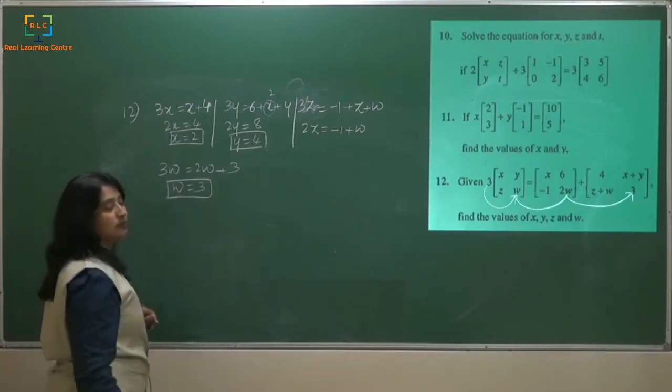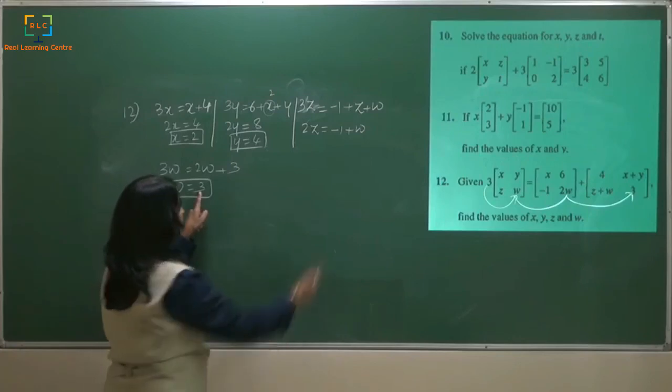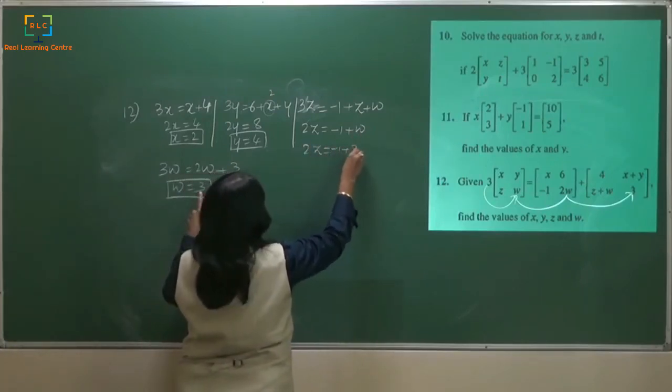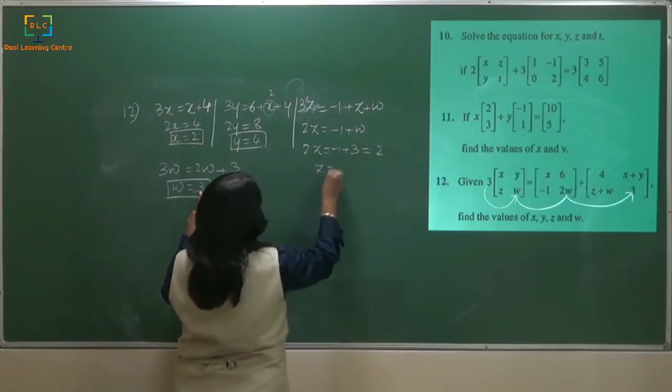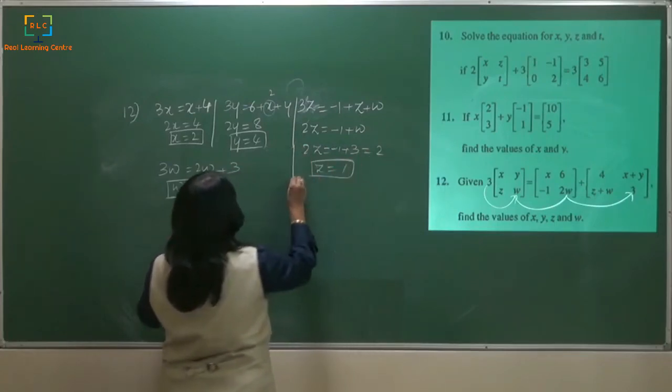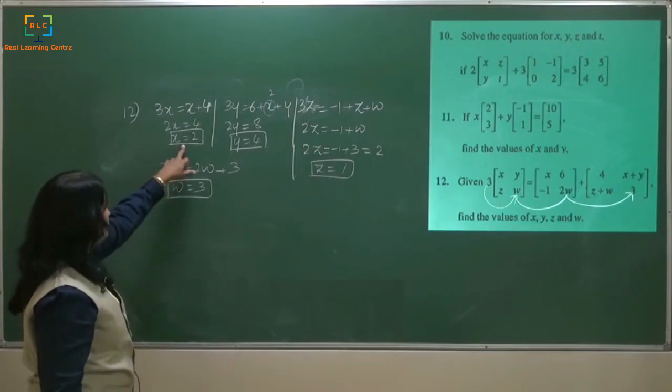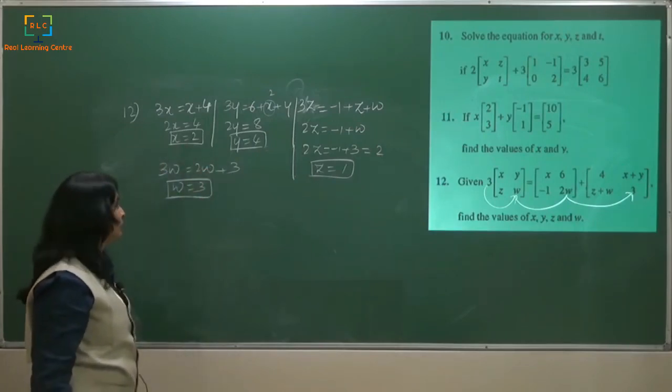I got w is equal to 3, so I shall plug w is equal to 3 here. I got 2z is equal to minus 1 plus 3 is equal to 2, so I got z is equal to 1. So z is equal to 1, x is equal to 2, y is equal to 4, and w is equal to 3.